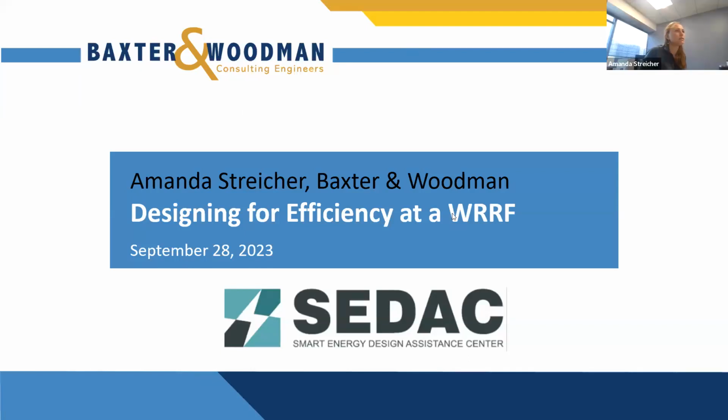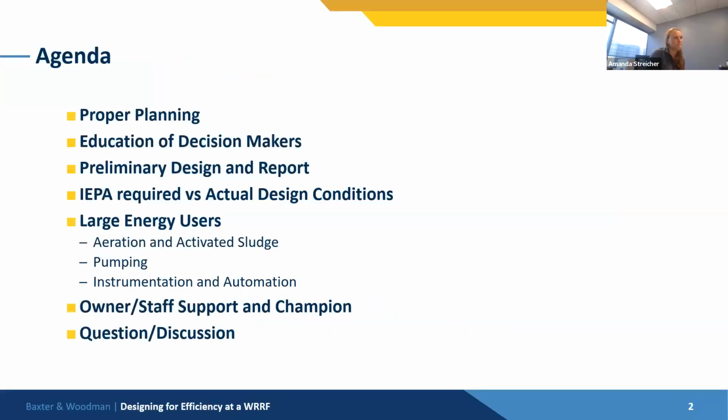All right. Thank you for the introduction earlier. Again, Amanda Stryker with Baxter and Woodman. I'm going to go through today some of the parameters we look at when, as Sean mentioned, going through either a major overhaul, a new plant design, or even simply selecting some replacement equipment at treatment plants.